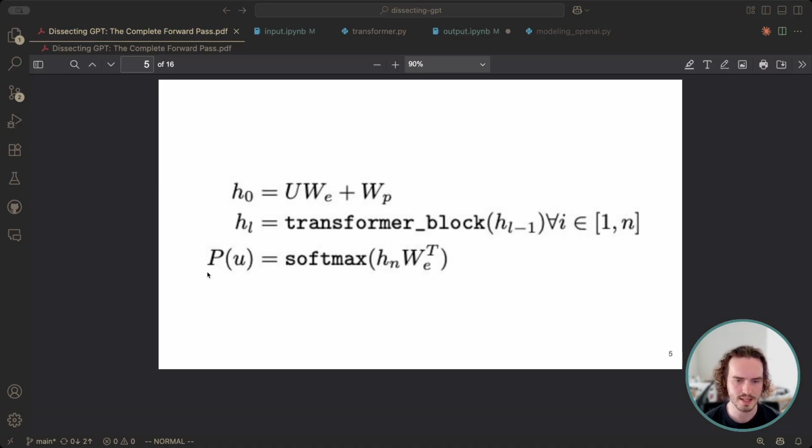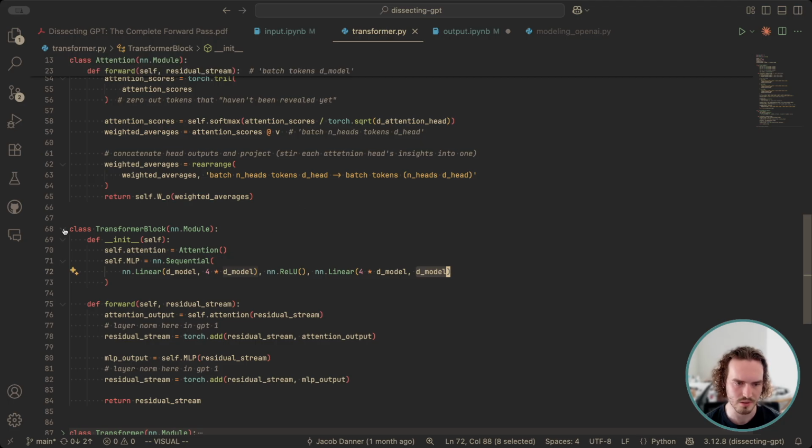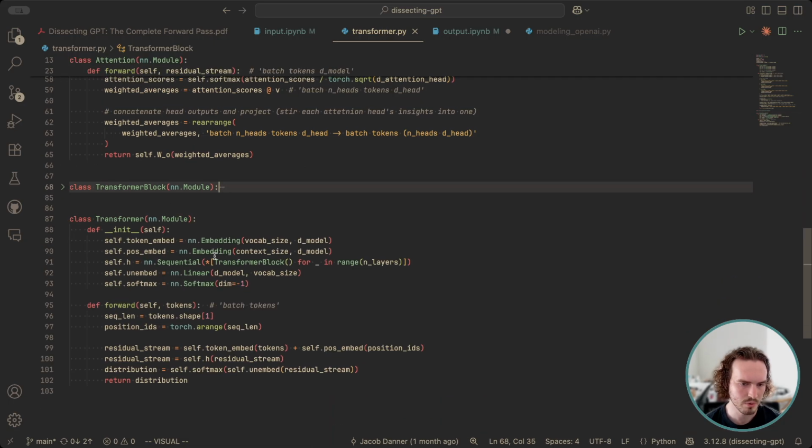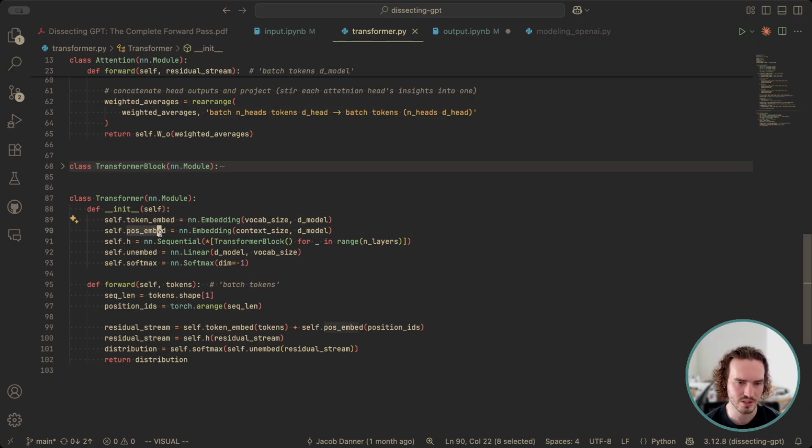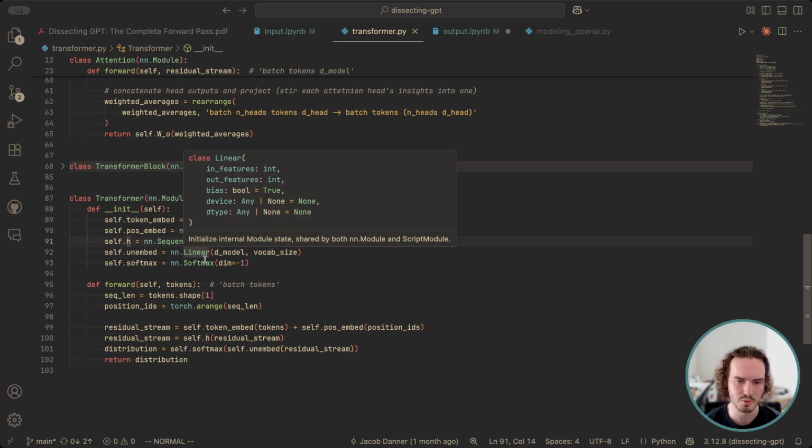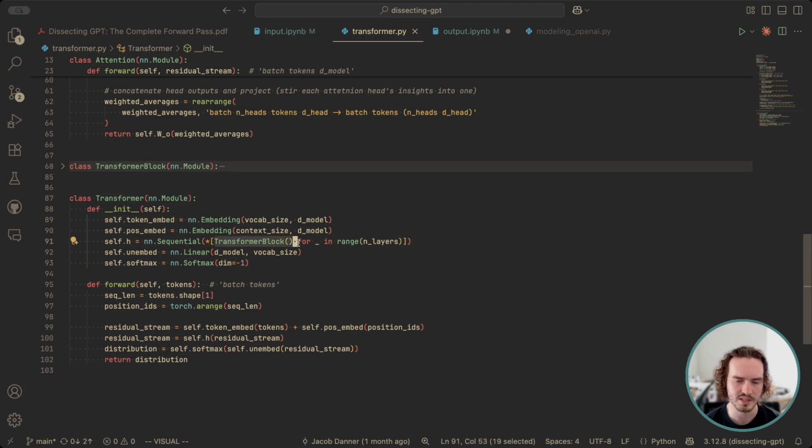So now we understand each piece of this in separation. Let's tie everything together by looking at that transformer pseudocode. We would have our token embed and then our position embed. Then we'd have our hidden states, which would be a list of transformer blocks for however many layers we have. So this is saying essentially pipe each input through this sequence of 12 transformer blocks. And then ultimately we're going to have that unembed.